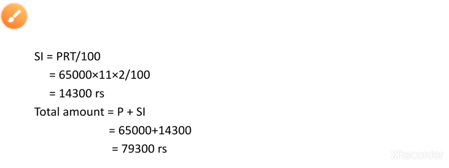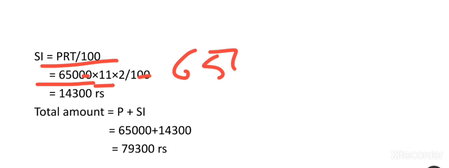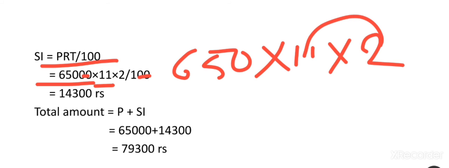Simple interest formula is PRT divided by 100. P is 65,000. Rate of interest 11%. Multiply 2, which is time divided by 100. 0 gets cancelled. Remaining 650 multiply 11 multiply 2. 2 11s are 22. 22 multiply 650 will be 14,300 rupees.